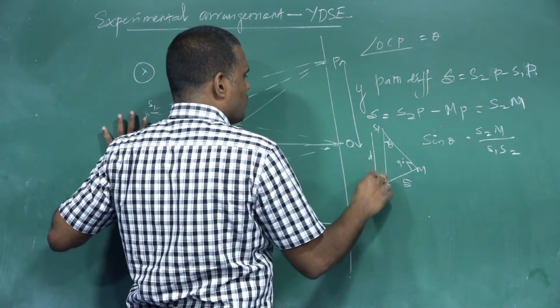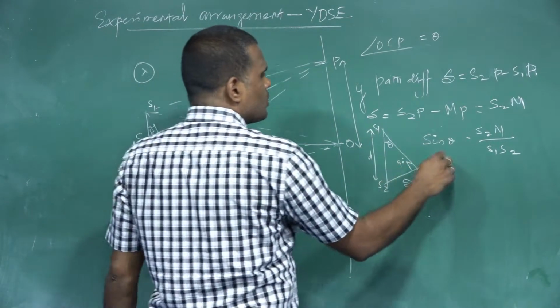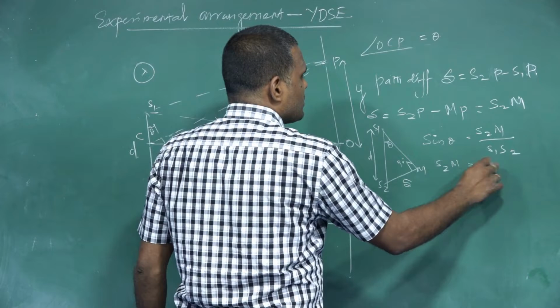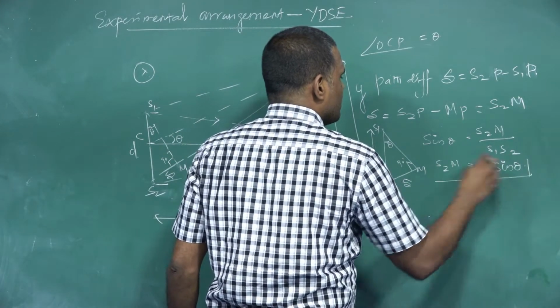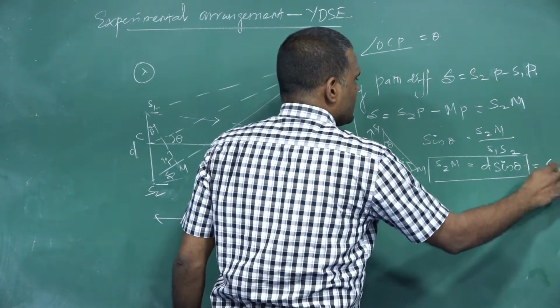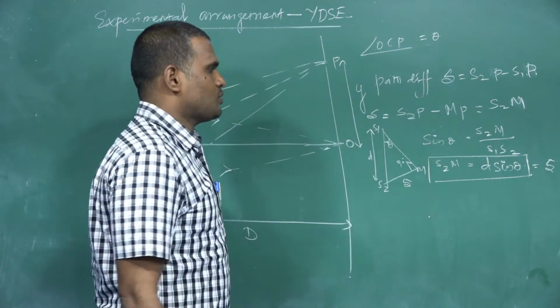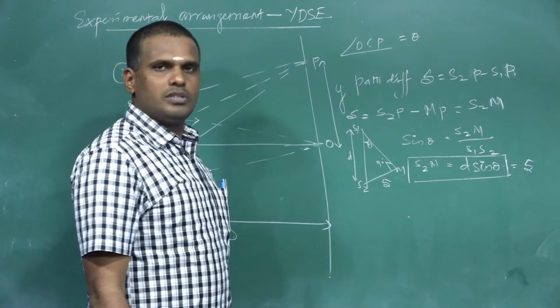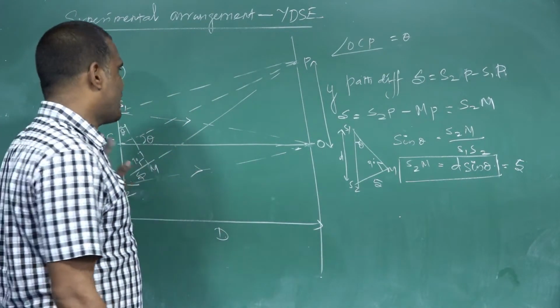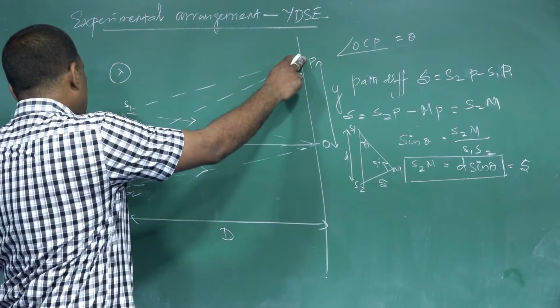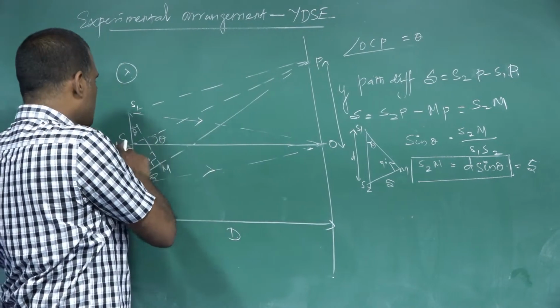As we saw earlier, S1S2 is at a separation D. So S2M is equal to D sine theta, which is equal to delta, the path difference. And from the geometry, the point P is at a position theta with respect to C.